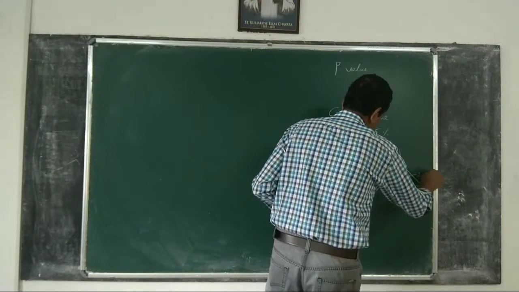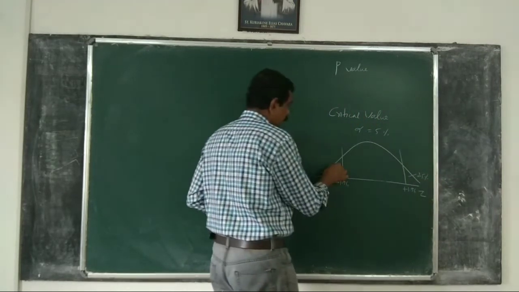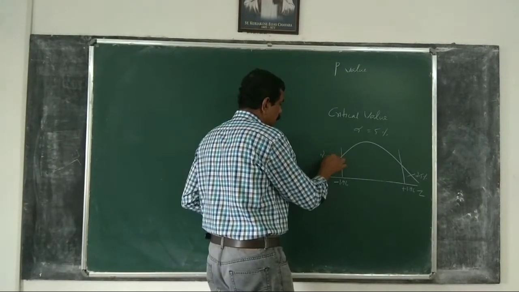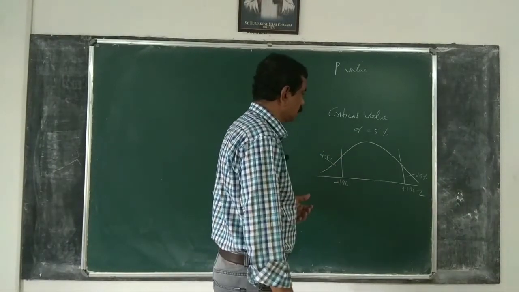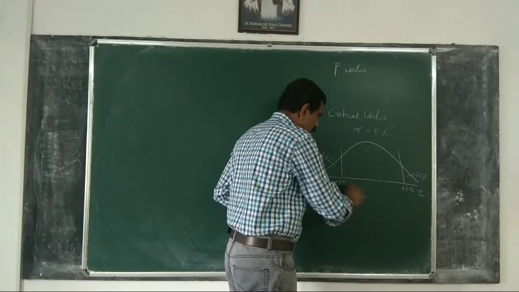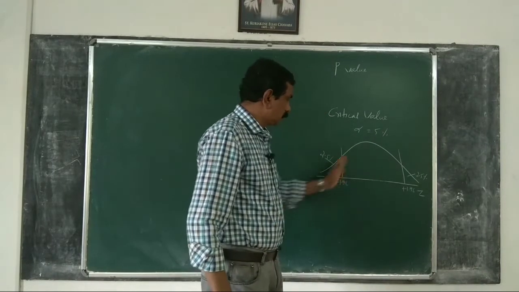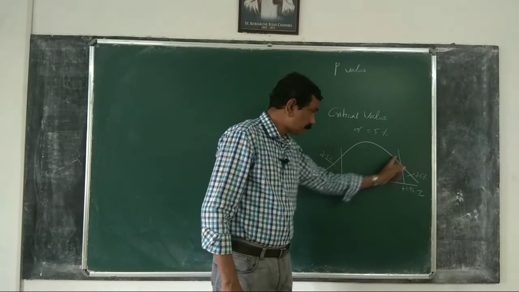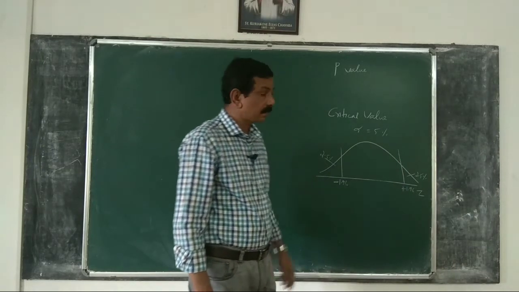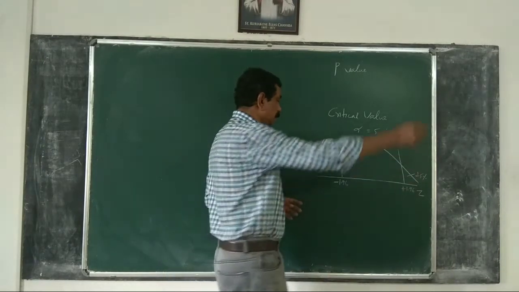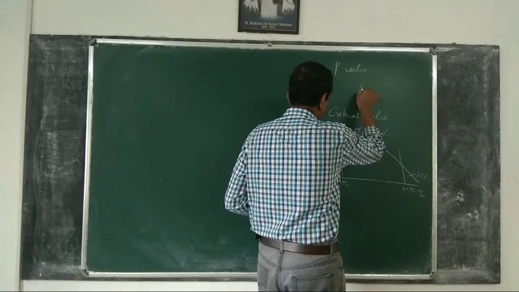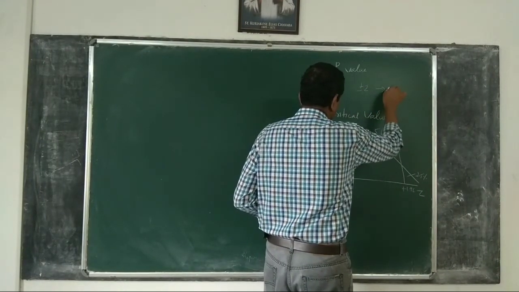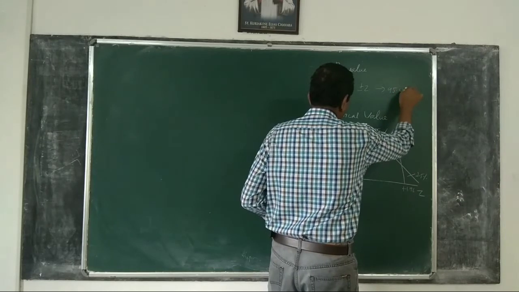This is 2.5%, this is 2.5%, and this is the 95%. The cutoff points are minus 1.96 and plus 1.96. If the cutoff points are minus or plus 2, it is 95.44%.